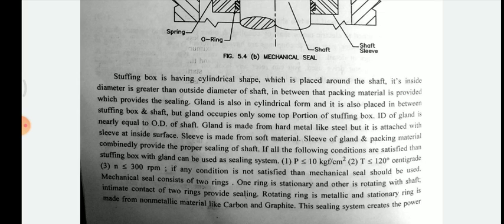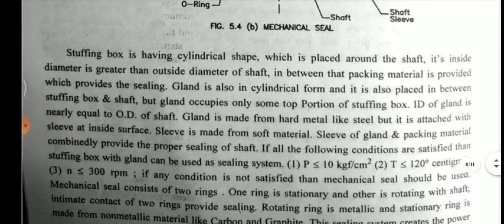Its inside diameter is greater than the outside diameter of the shaft, that is, the diameter of the agitator shaft. In between, the packing material is what provides the sealing, which is the sealing material.